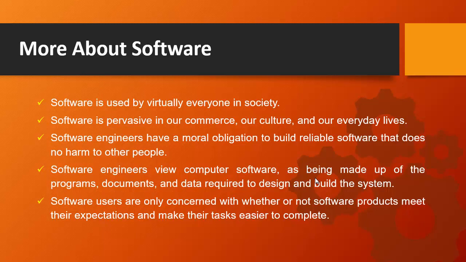Software engineers view computer software as being made up of the programs, documents, and data required to design and build the system. Lastly, software users are only concerned with whether or not software products meet their expectations and make their task easier to complete.